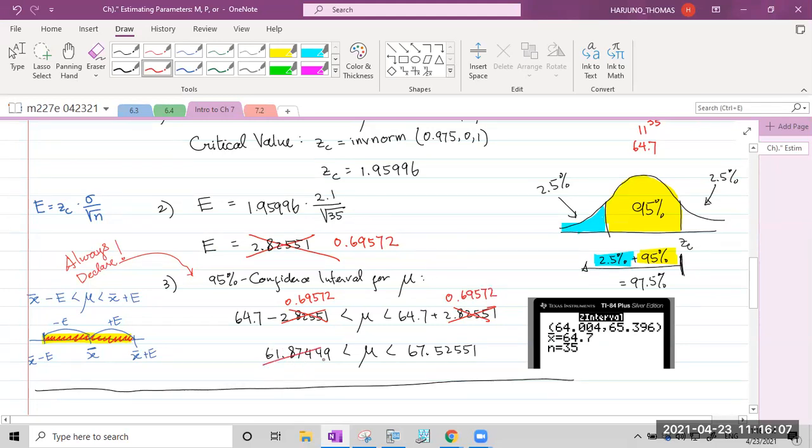So the final answer should be 64.7 minus 0.69572. That is 64.00428. And 65.39572. So you see the purpose of why I teach you this checking, to confirm your solution.